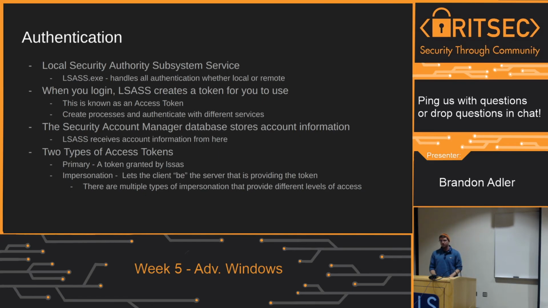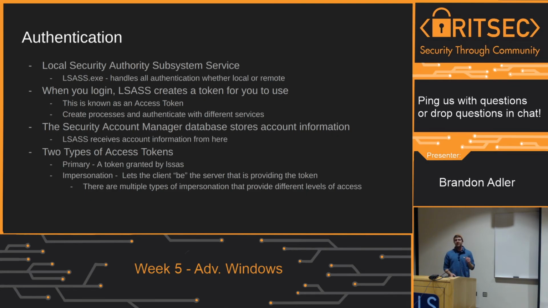A good example of this is, let's say you log in as the default administrator for your box. When you log in, you'll get a token that on the back end says, all right, you are the administrator. You're allowed to do these permissions, read and write to almost anything, right? You're owner. You can take ownership of whatever you want.